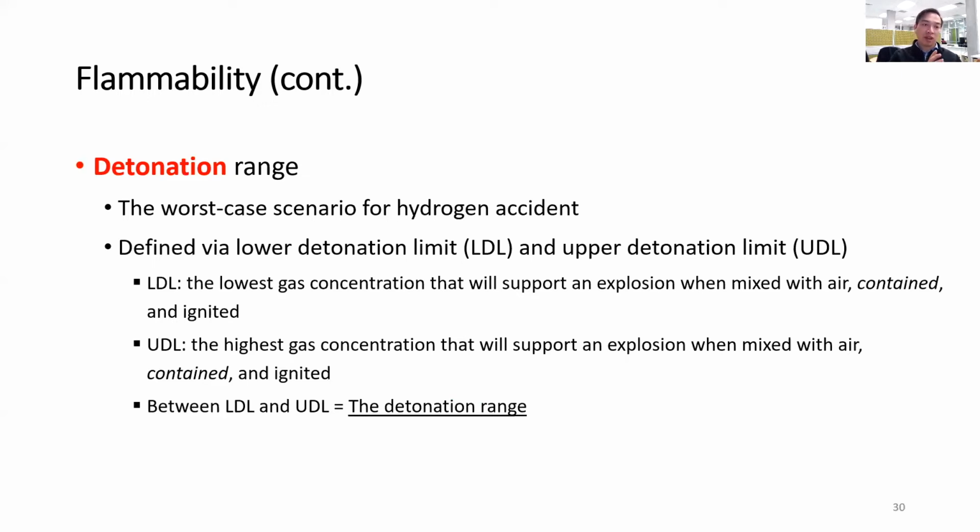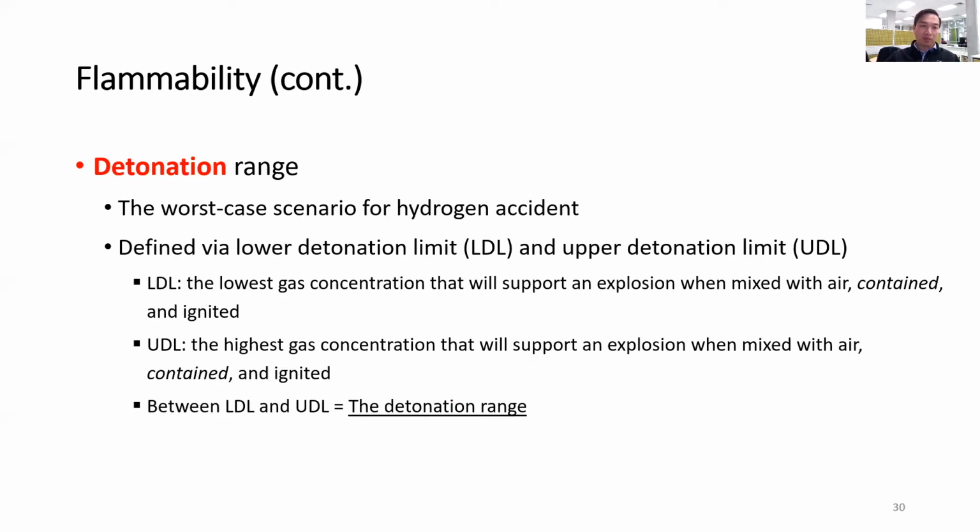I won't give you the flammability range just yet because I want to mention another range. Similar to the flammability range, we also have a detonation range. The reason we need to know this range is because detonation is the worst case scenario that can happen in a hydrogen accident. Similarly, it is defined via the lower detonation limit, LDL, and the upper detonation limit, UDL.